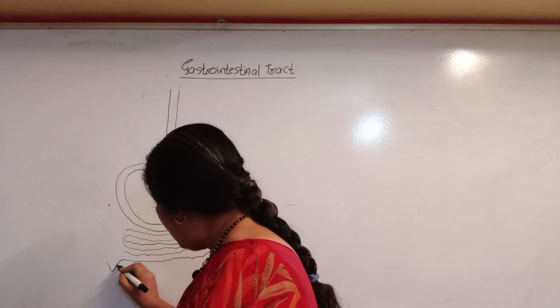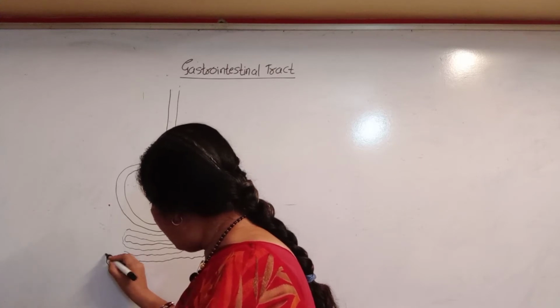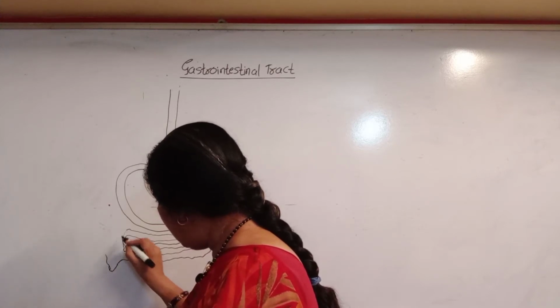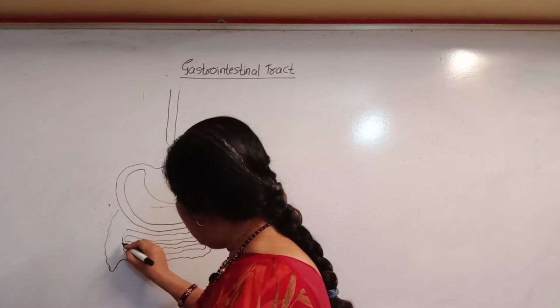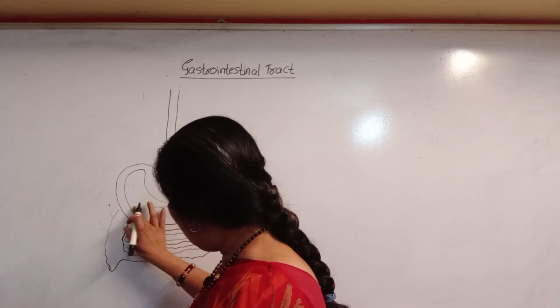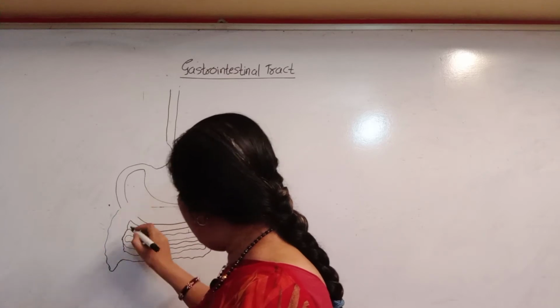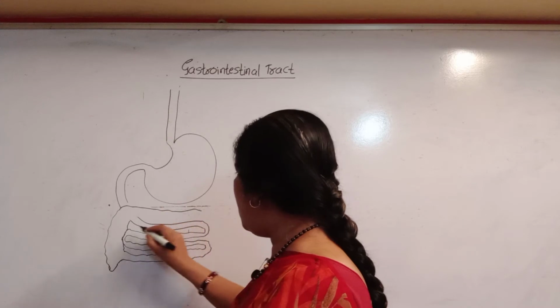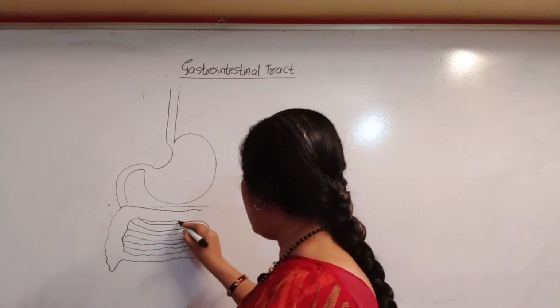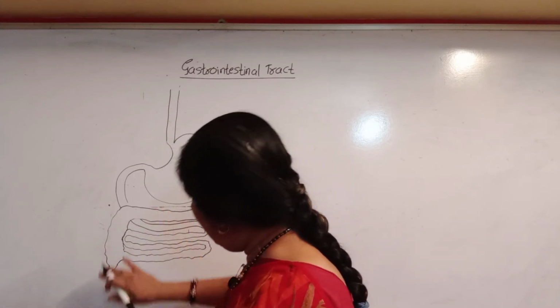This part of the large intestine is the cecum, and this is the colon: ascending colon, transverse colon and descending colon.